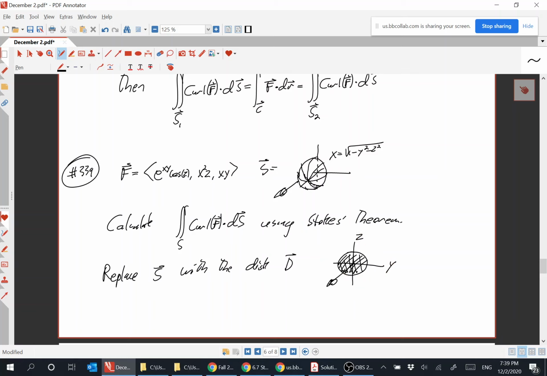It has the same boundary curve. So D and S have the same boundary, same oriented boundary even. It's just this circle of radius 1, excuse me.